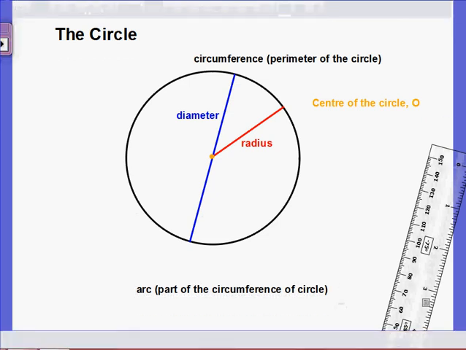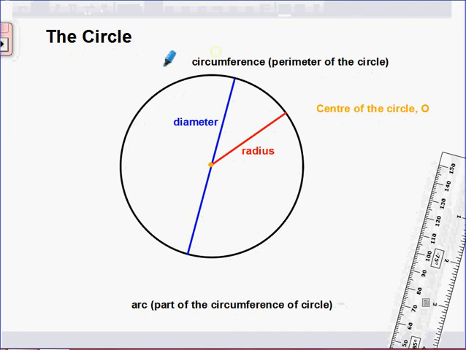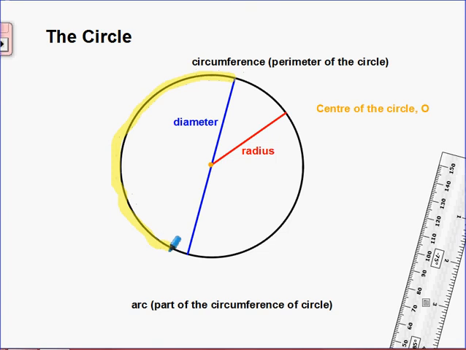So if I use a highlighter and shade an arc here, this circle here, that part of the circle here, the shaded yellow part of the circumference, is known as the major arc. But what is a major arc? What makes it different from an arc?